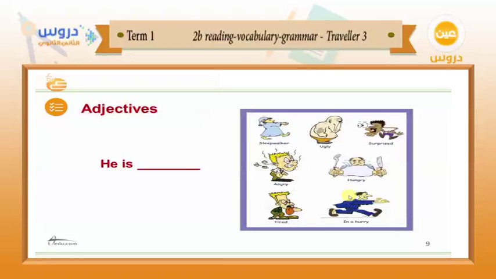Now, if we move on to something a little bit more interesting, adjectives. Once you need to describe people, you have to use an adjective for them. So what are the adjectives? If you take a look at this picture, this man is walking while he's asleep. So we call him a sleepwalker.